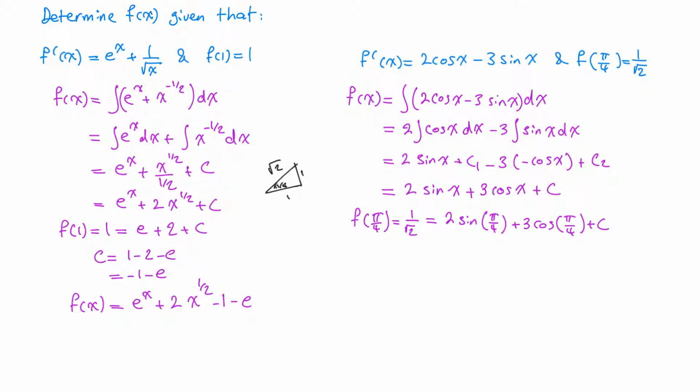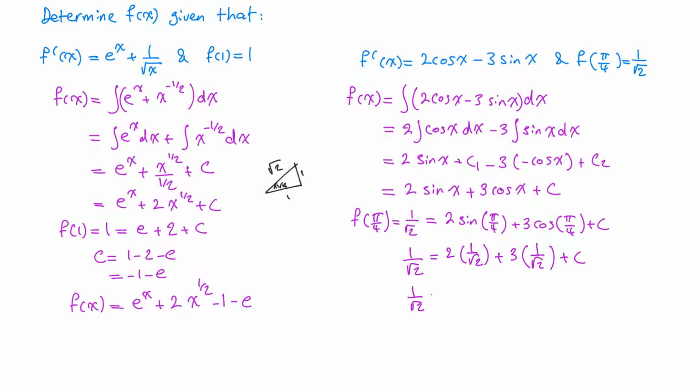So to solve for c, I know that 1 over square root of 2 is equal to 2 times 1 over square root of 2 plus 3 times 1 over square root of 2 plus c.